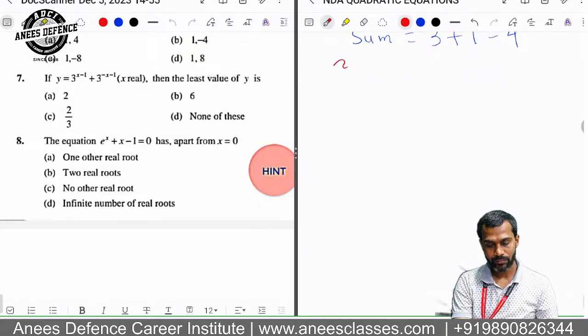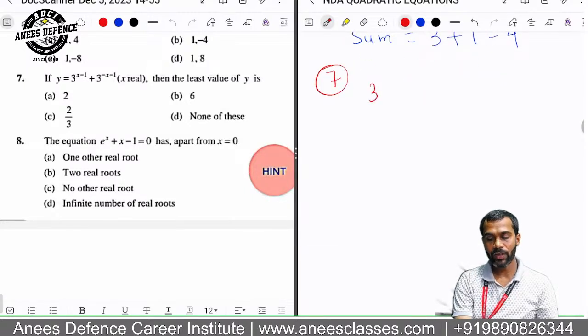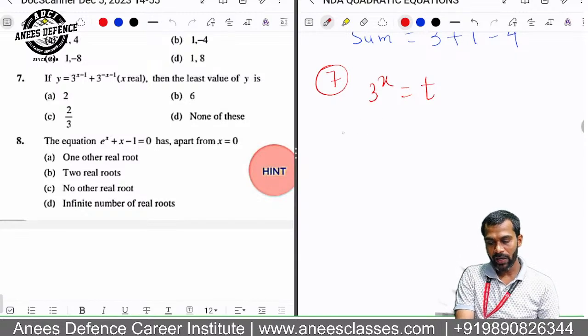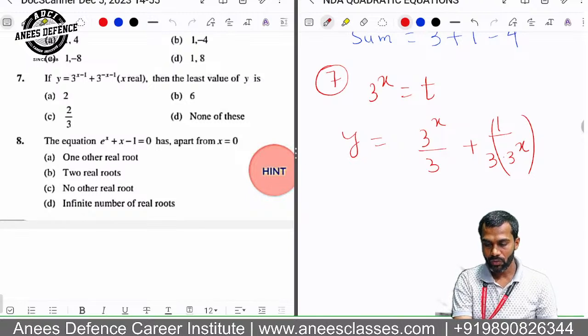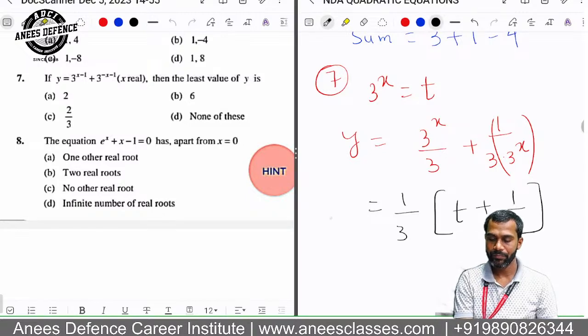Question number 7: y is equal to 3 raised to x upon 3 plus 1 upon 3 into 3 raised to x. Yes or no? Now I can take 1 by 3 common, and this is nothing but t plus 1 by t. I hope it is clear.